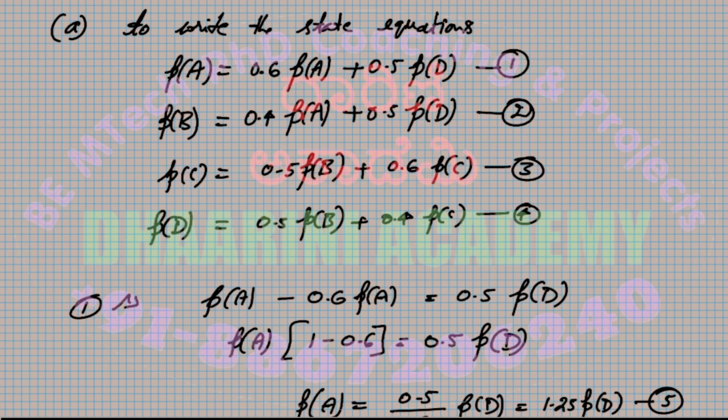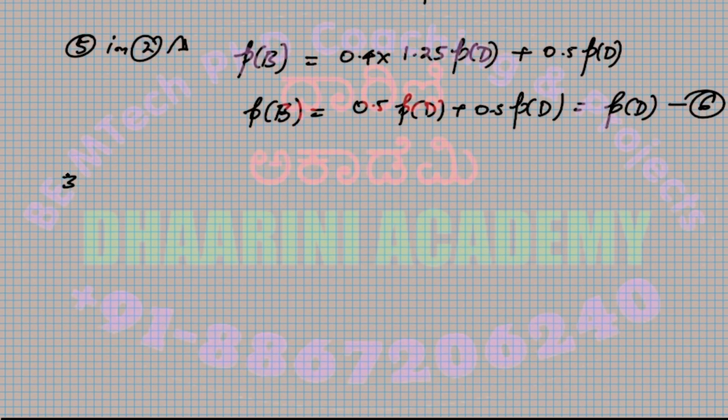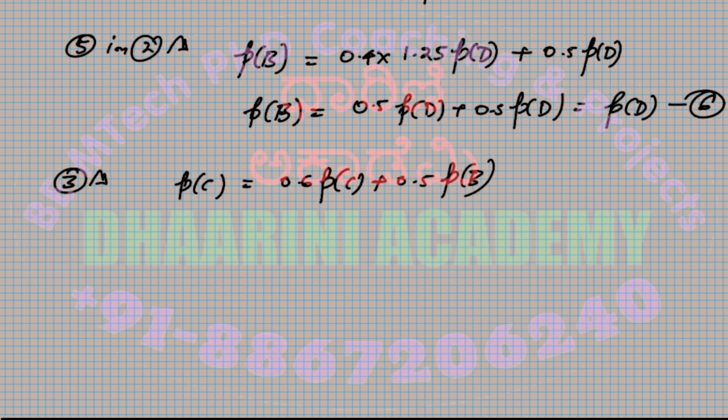Yeah, you see equation 3, we have P of C and P of B. We can try to relate them as well. So 3 gives, on the left hand side I have P of C, right hand side it is 0.6 P of C plus 0.5 times P of B. This is what I have.